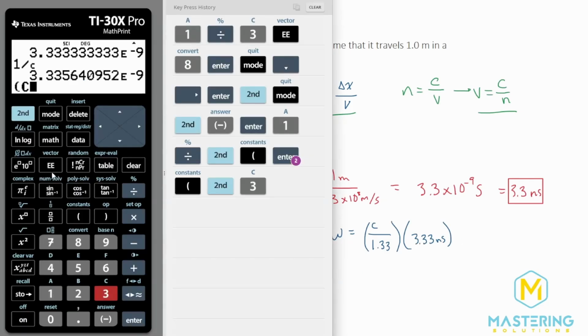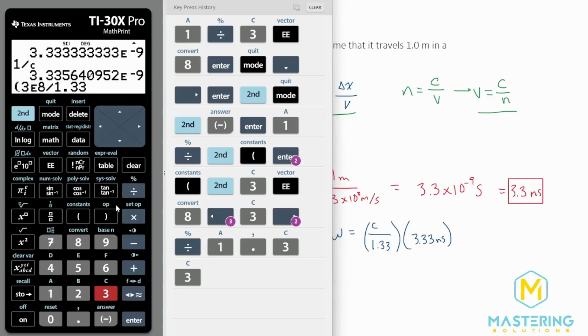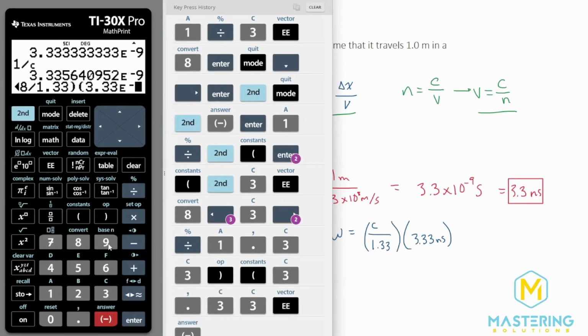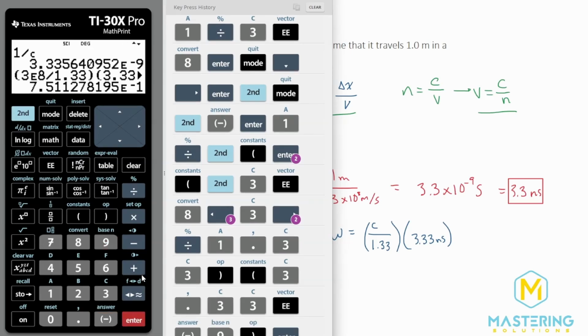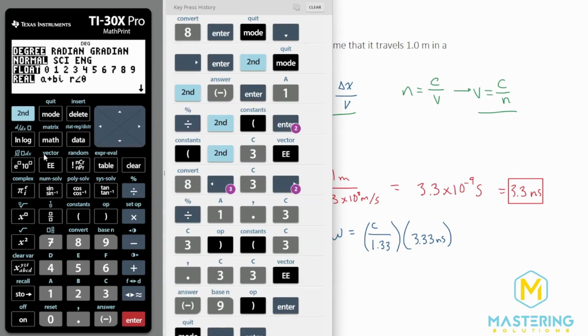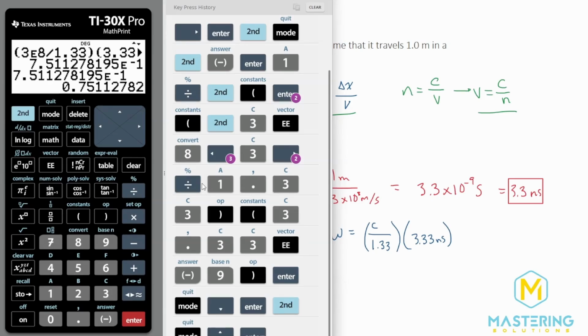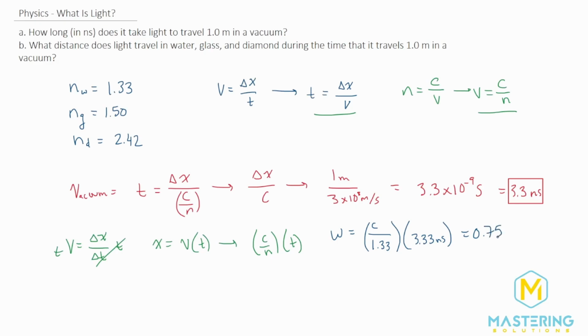So we have 3 times 10 to the 8 divided by 1.33, multiplied by 3.33 times 10 to the negative 9, which gives us an answer for the distance in water. I like normal mode. Okay, so we have 0.75 meters for how far it went for that time period if it was going in water.